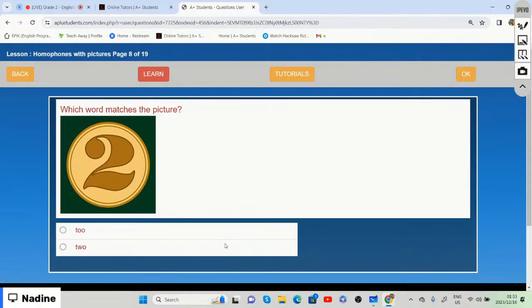And now if we look at the number, right? Is it 2, which is the first 2, or the second option, 2?